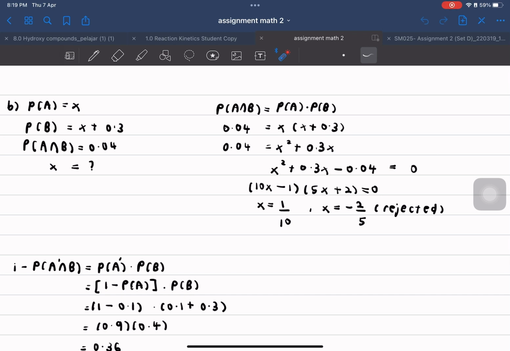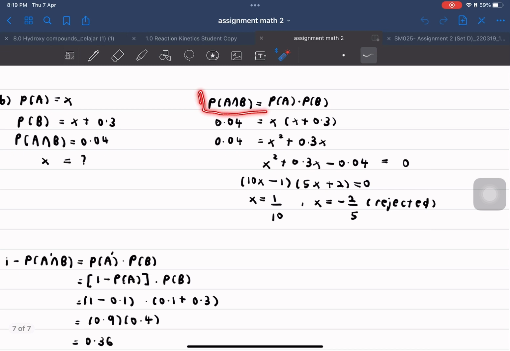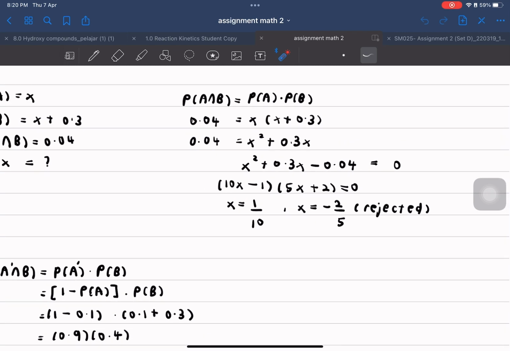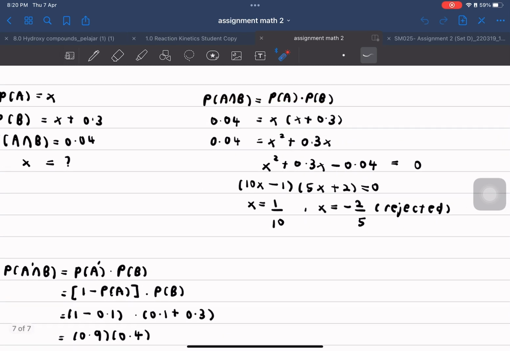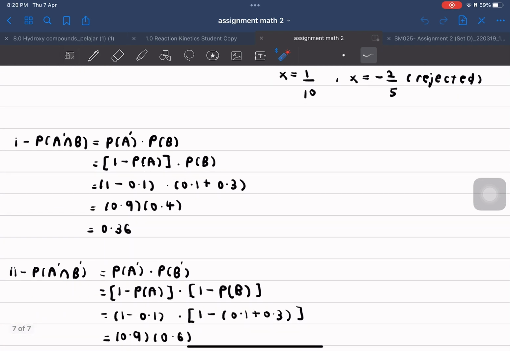For B1, first we must determine the value of X. Here we must know that probability A intersect B equal to probability A times probability B. As we expand, we will get a quadratic equation, and we will get the value for X. We need to choose the positive one and ignore the negative one.